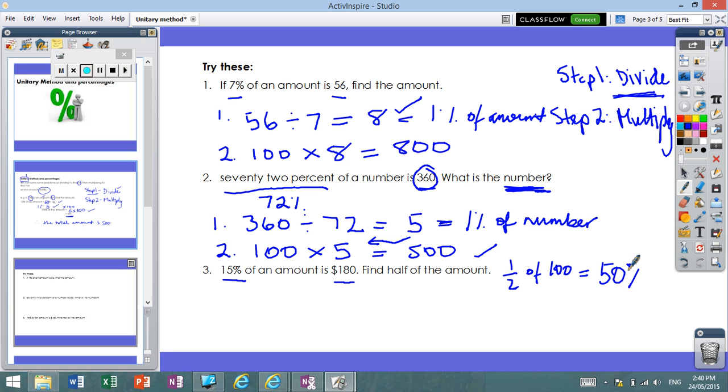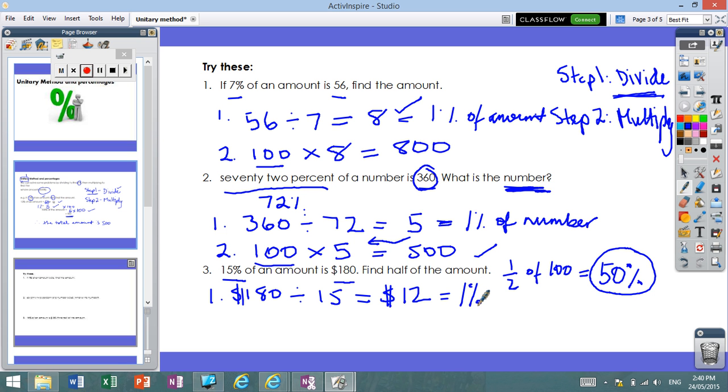So this time we need to find out what 1% is, but instead of multiplying it by 100 to get the 100% that we've been doing in each of these, this time we only want to multiply by 50 to get 50%. So our first step is to find out what 1% is, and we do that by dividing $180 by 15, which ends up giving us $12, which is equal to 1%.